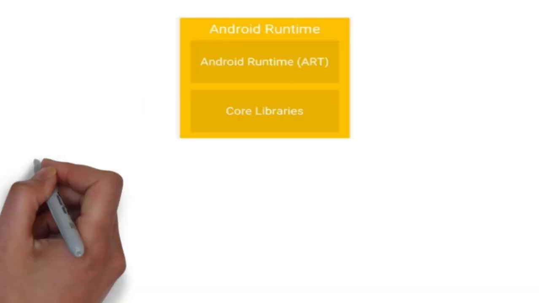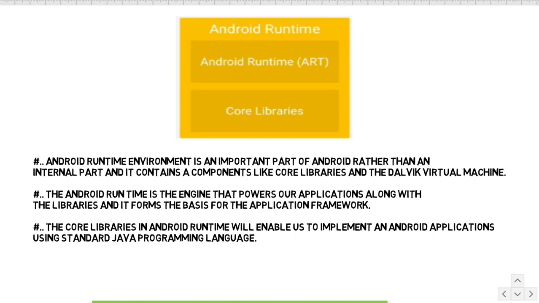This is the most important part of Android development and Android platform architecture, that is Android runtime. This has two parts: the Android runtime part and the core libraries. The important points of this Android runtime environment are that it is an important part of Android, and it contains components like the core libraries and the Dalvik virtual machine.